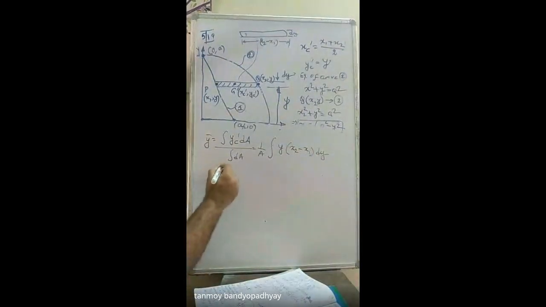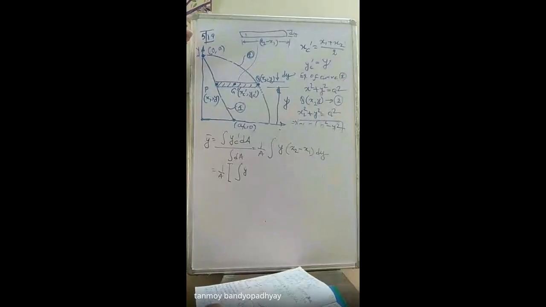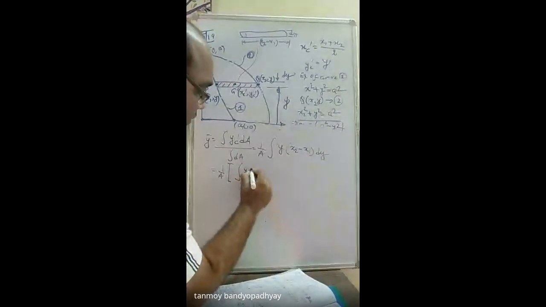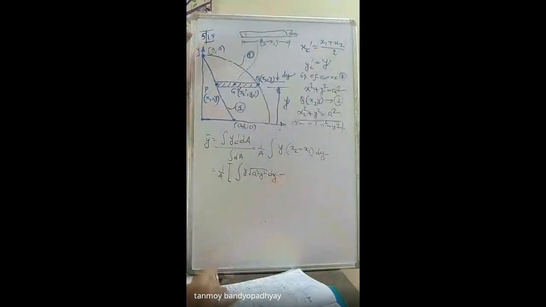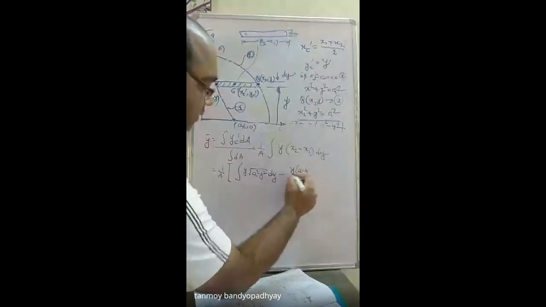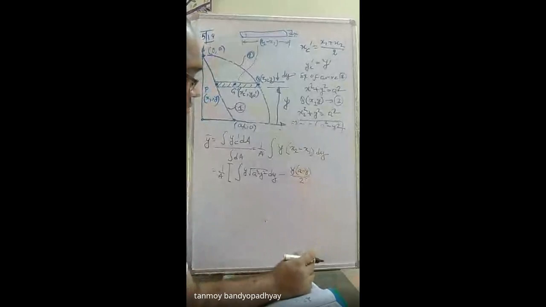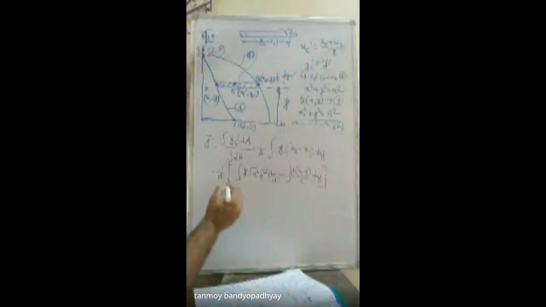So it will be integration of y into x2, where x2 was root over a square minus y square dy, minus x1 was a minus y by 2. So that is y into a minus y by 2 into dy. So y varies from 0 to a.